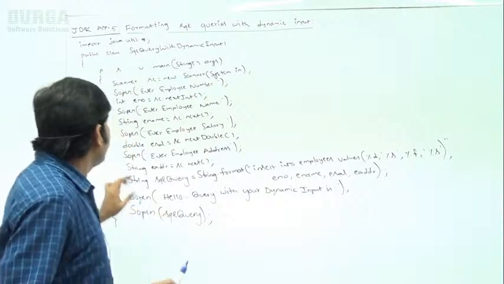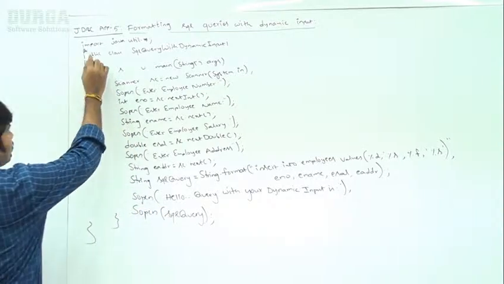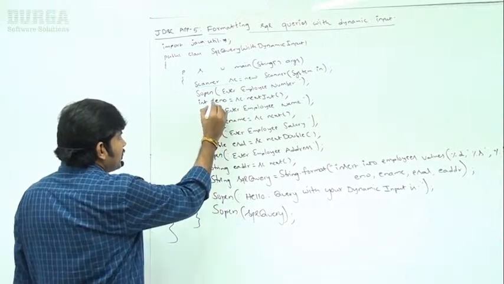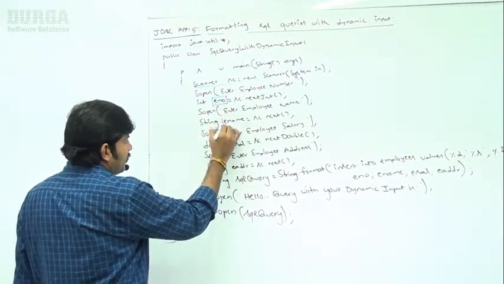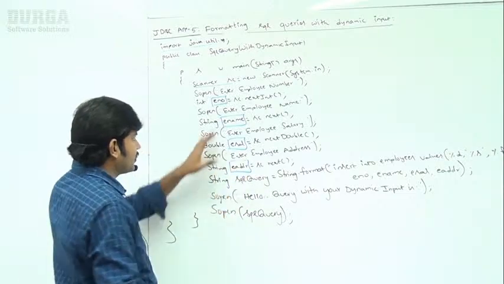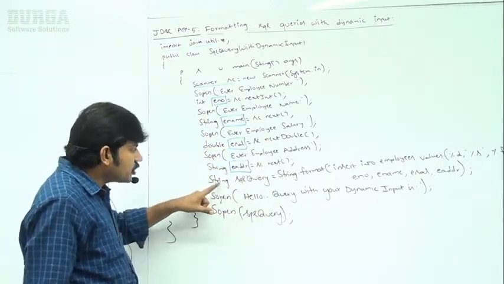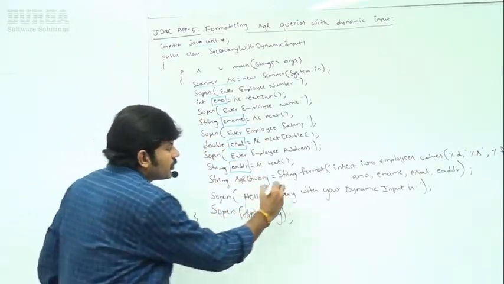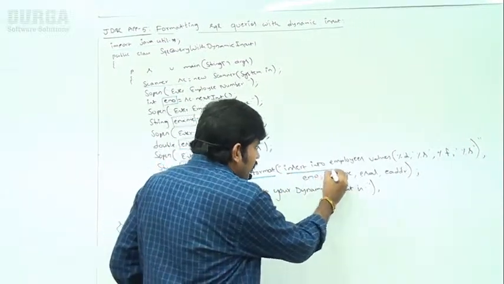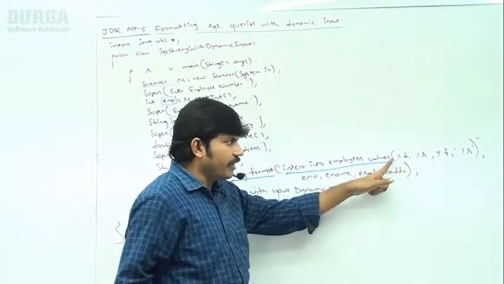Now, here just observe the same example. java.util.* and the Scanner class I used. I read employee number, employee name, employee salary, and then employee address. Next, String sqlQuery is equal to String.format of insert into employees values.